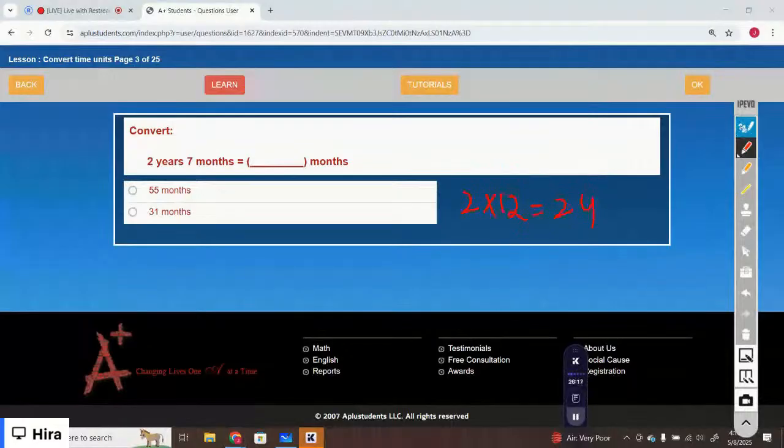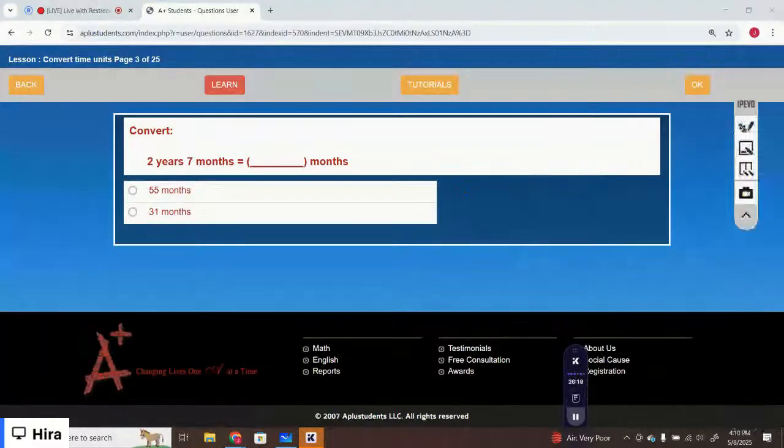That is 31 months. 24 months plus 7 months equals 31 months. Option number 2 is the correct option.